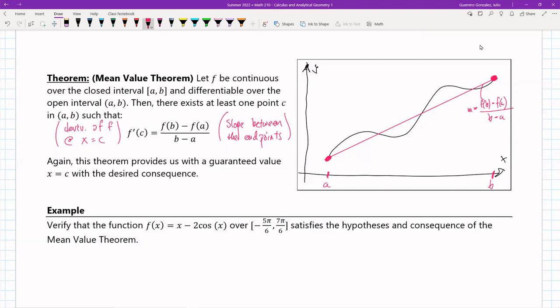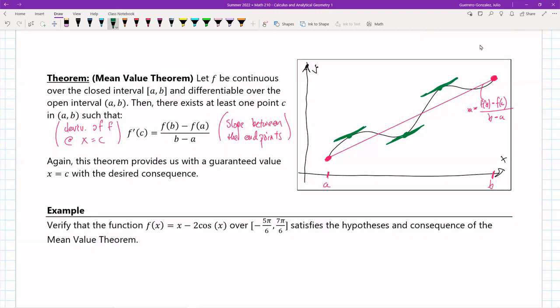Basically we are guaranteed at least one point. In this case, the way I have it drawn, there's maybe three. There's one right there, one right there, and maybe one right there, where the derivative is parallel to that pink line.